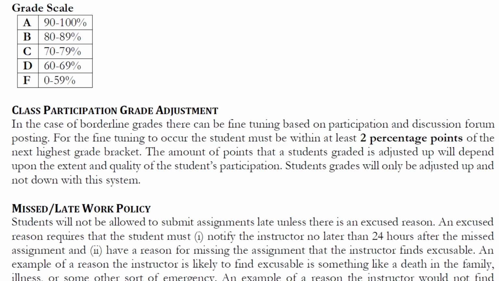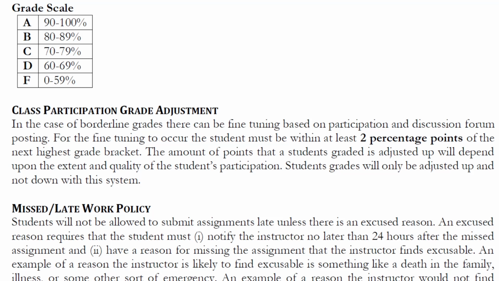If you consistently make substantive contributions to the discussions that actively seek to push the discussion forward in new and interesting ways, then you would be a prime candidate to have a borderline grade raised to the next highest letter at the end of the semester. However, this is not the only thing I take into account when thinking about your participation.